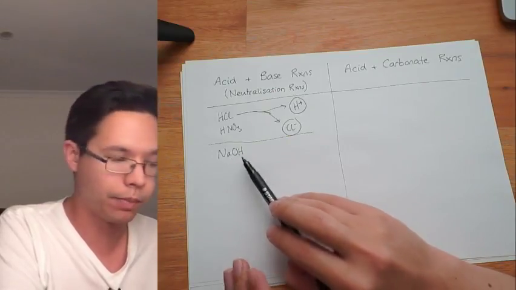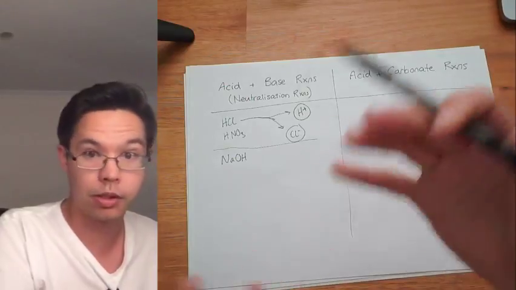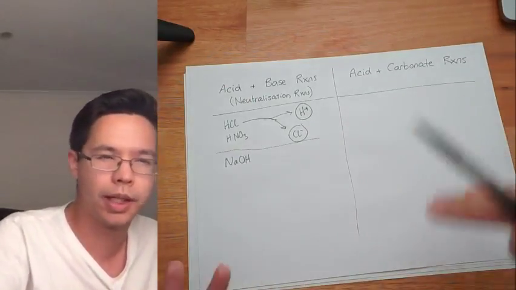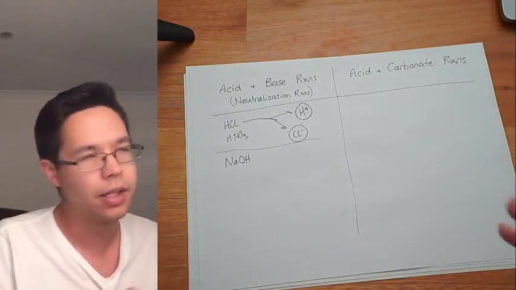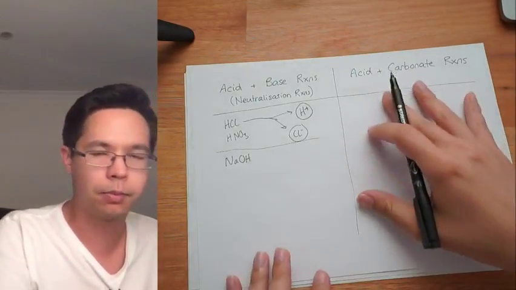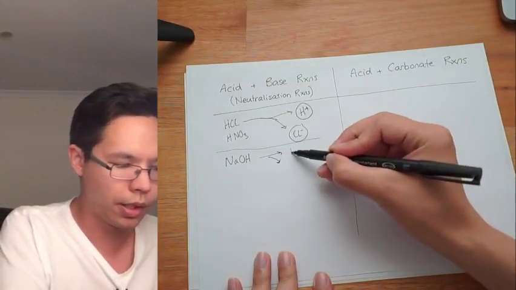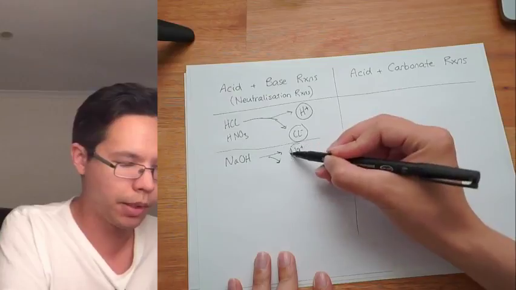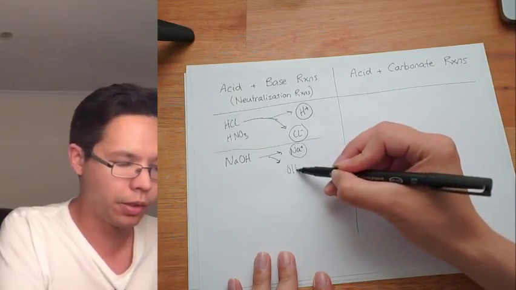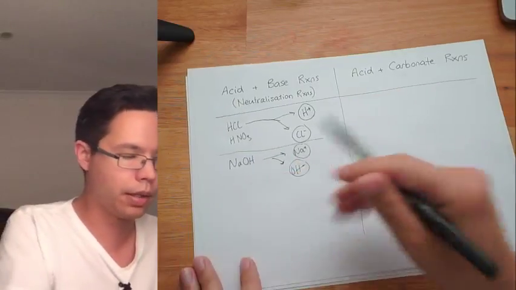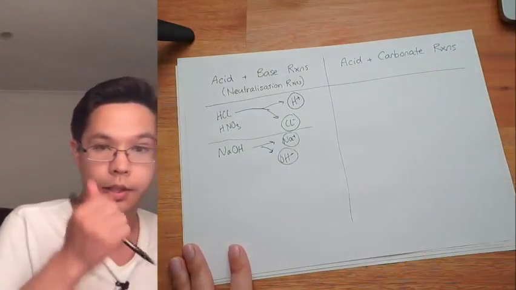That makes it easy to come off. If the OH is attached to something more like carbon, it's not really likely to pop off. So this one here will break off into a sodium ion, Na+, and OH-. And it's this OH- which can bind up with the hydrogen near and make water.